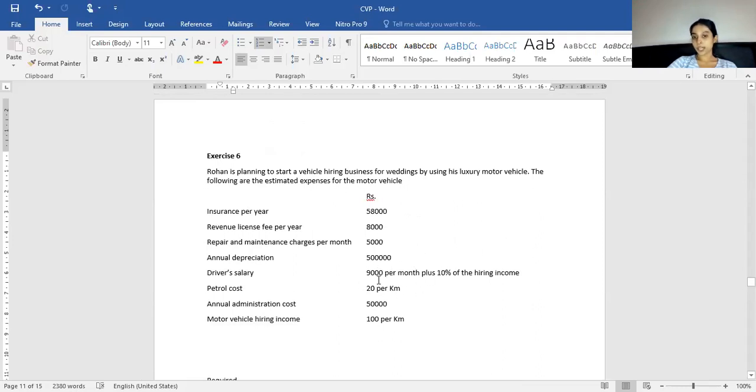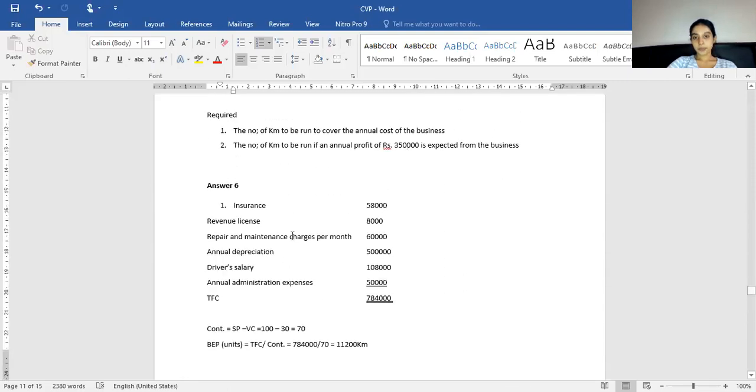As I explained before, 9,000 into 12 will be the fixed component. We do not take this 10% of hiring income because that is a variable part. Petrol cost is again another variable cost component. Annual administration cost will be a fixed cost component. Okay. So here all the fixed costs addition would be 784,000.